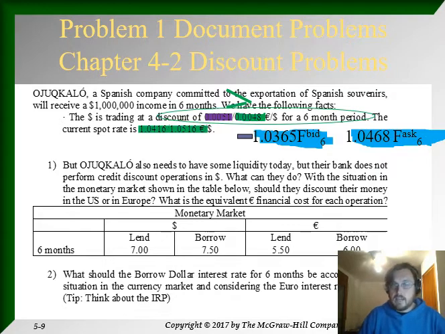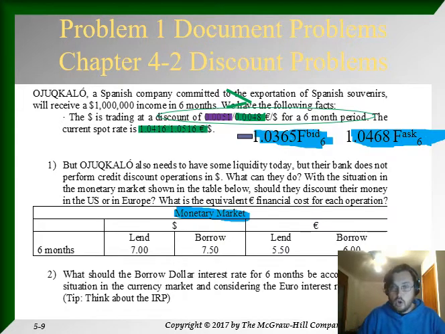Then about the monetary market, the market for interest rates, we know already that there is a difference between the lend and the borrow rates. I told you that this is not an investment. This is us trying to make the best of our money, asking for a loan that we can pay back with the money that we receive in 6 months.